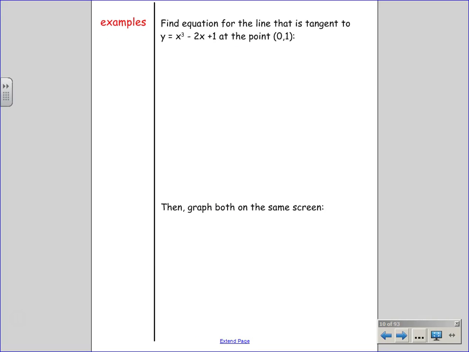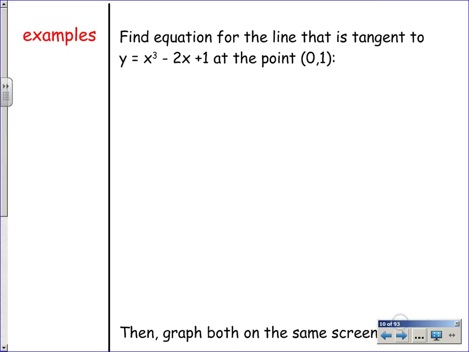Okay, this guy. Last example. Find the equation for the line that is tangent to. Let me give you a second. It's time for you to choose. Do you want to use forever card 6, f prime of x, and then plug in a at the end?